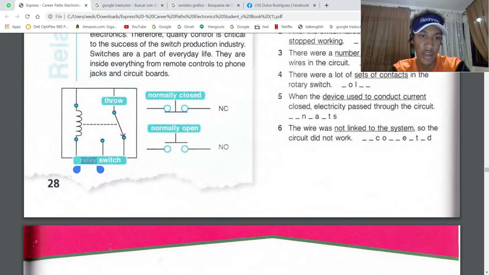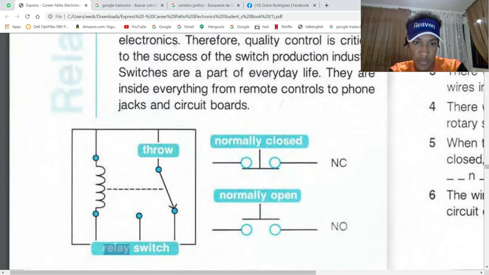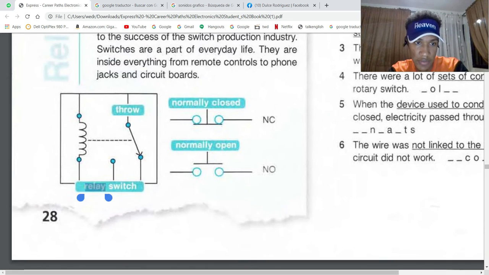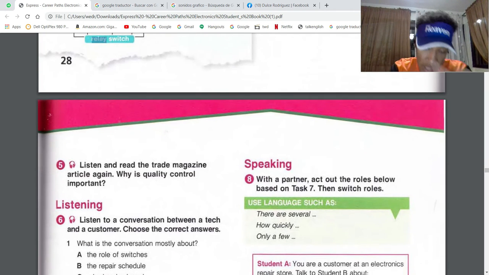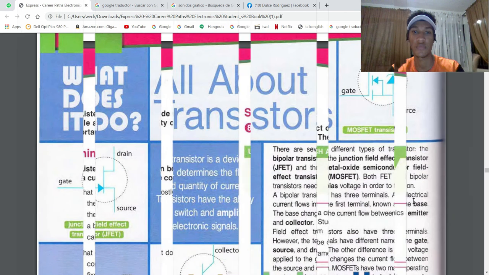This is the relay. In the relay, normally closed and normally open. It's like that. And so I do the transition now to speak with the other unit.